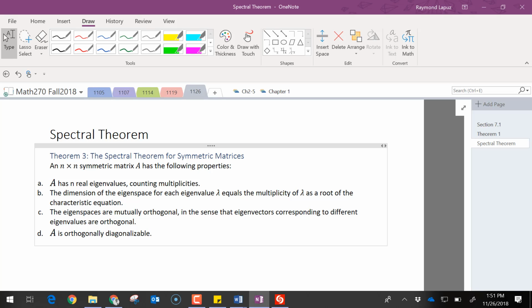If you have an n by n square matrix, it has the following properties. First of all, it has n real eigenvalues, counting multiplicities. The dimension of the eigenspace matches its multiplicity, and the eigenspaces are mutually orthogonal. Then A is orthogonally diagonalizable.